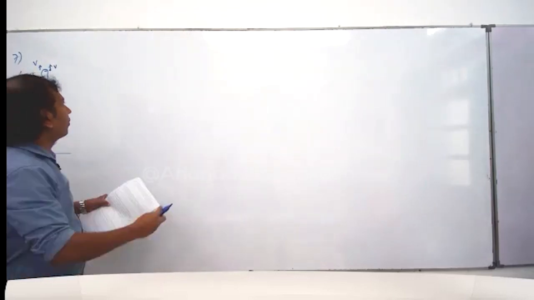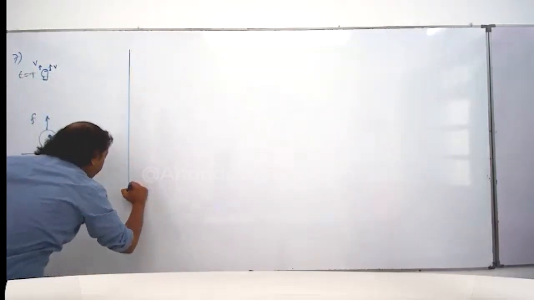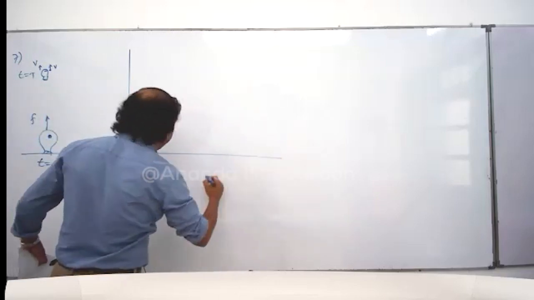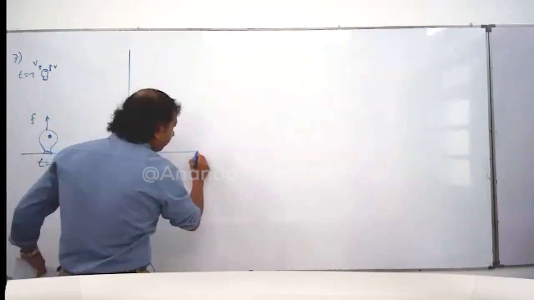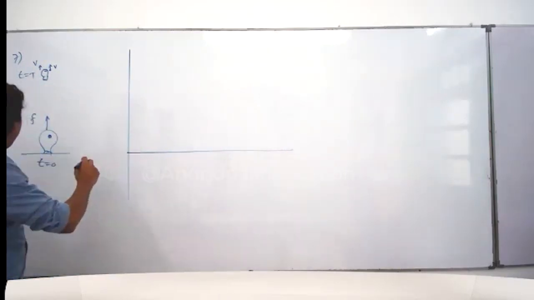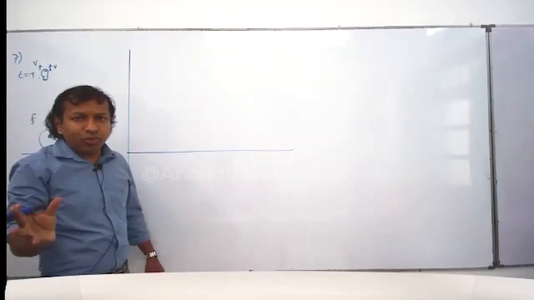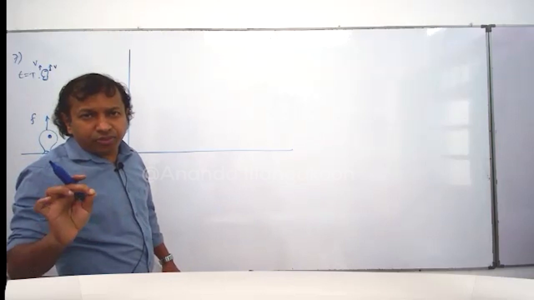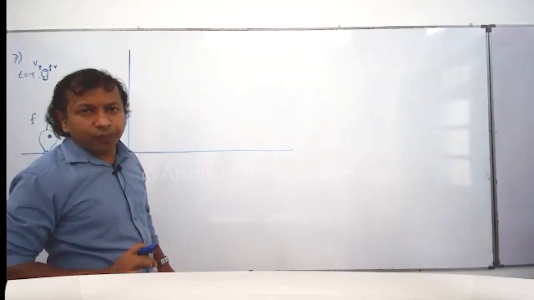So when you sketch the v-t graph, it should be like this. From t equals 0 to t equals T, the ball and balloon are both moving together. The acceleration of the ball is the same as the acceleration of the balloon because the ball is inside the balloon.